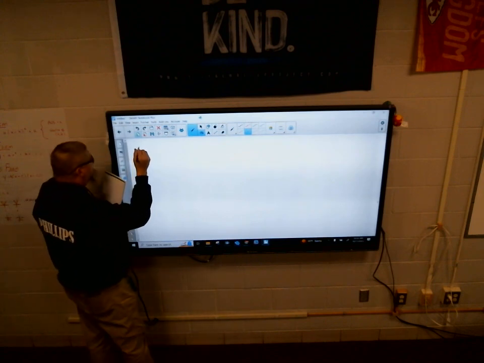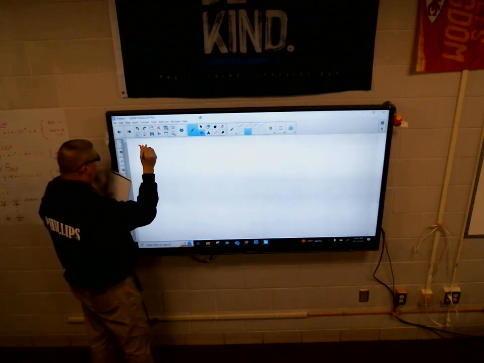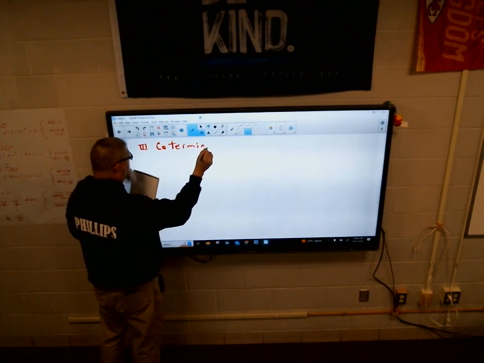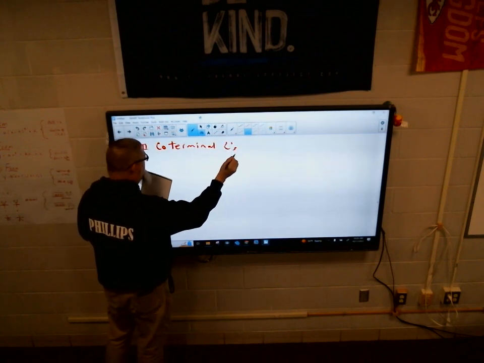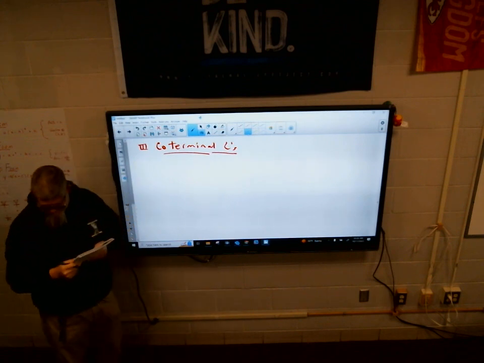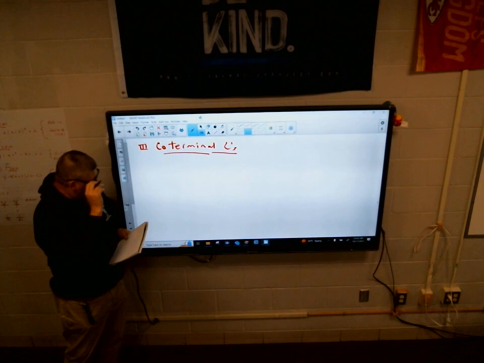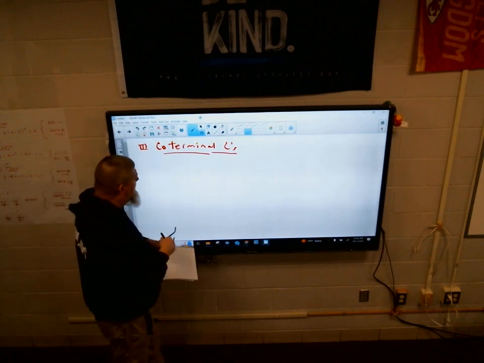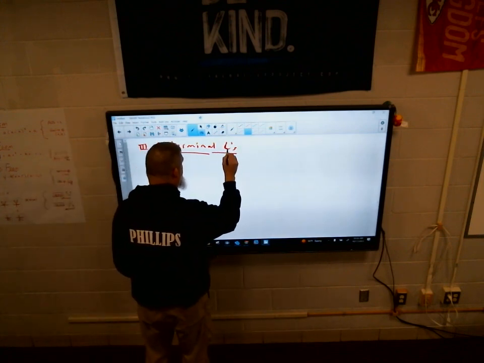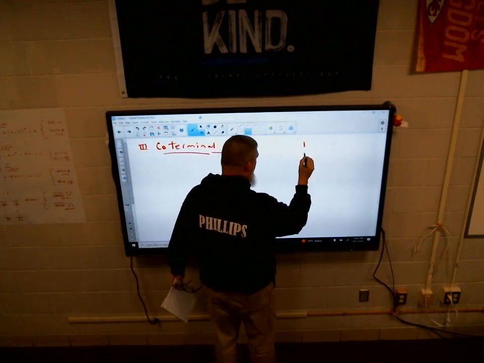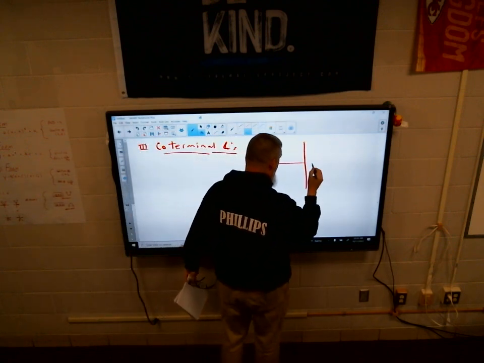Okay, let's look at some coterminal angles. Let's just throw one up here to help us remember.